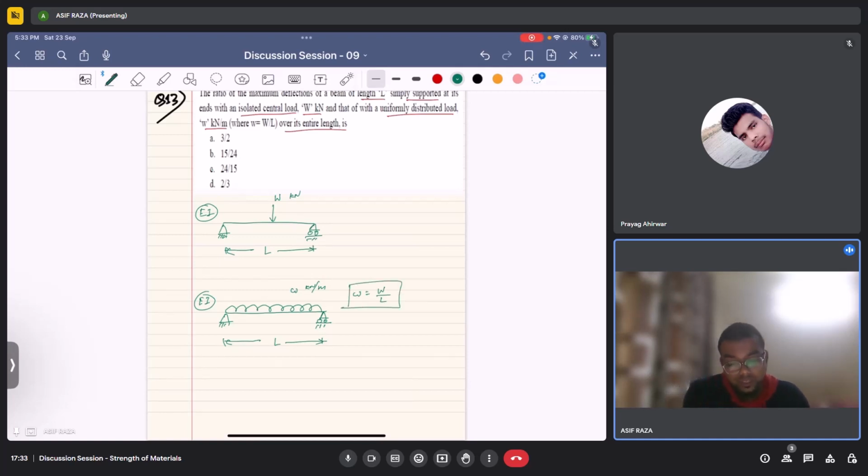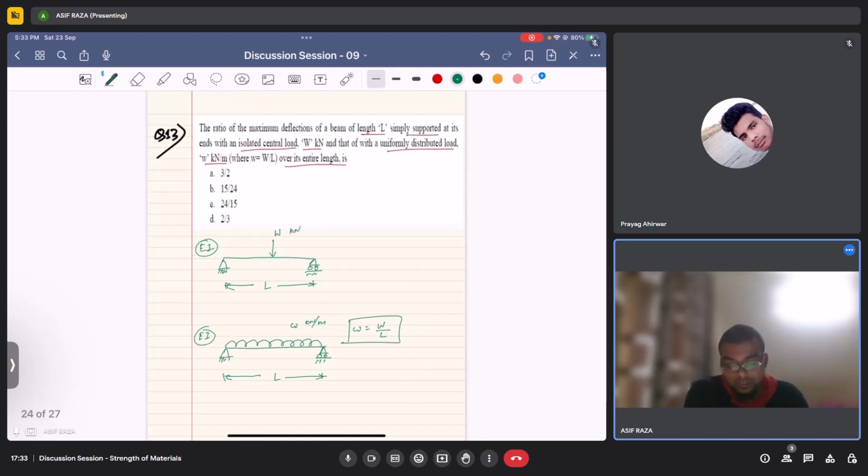So we need to find the ratio of maximum deflection of these two cases.